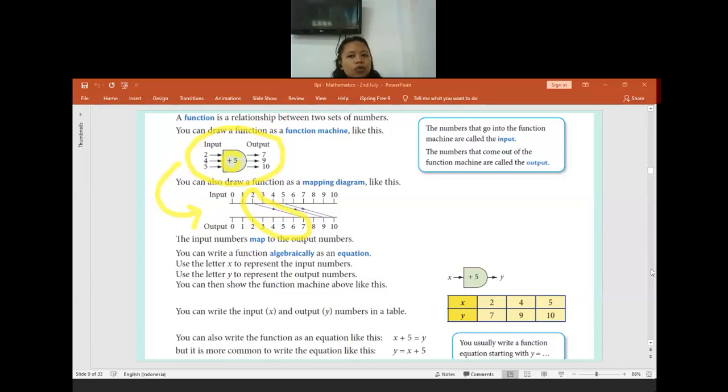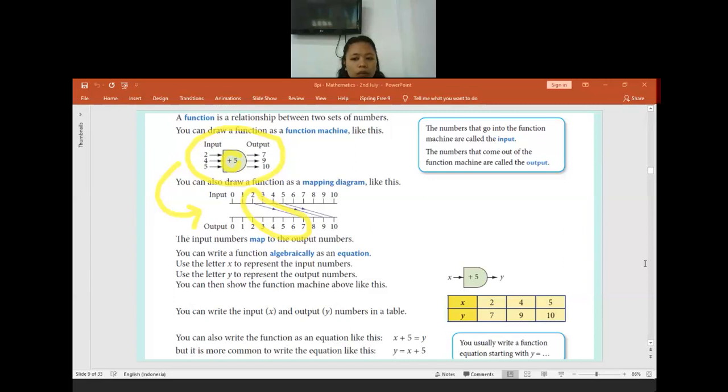But later in grade 9 and grade 10, you will meet a lot of questions using the inverse of function. So this is the point: it will help you later when you are going to find the inverse function. That's it. The mapping diagram just helps to map what the input and output are. There is nothing much more it helps with. But the function machine will help you find the inverse later on.